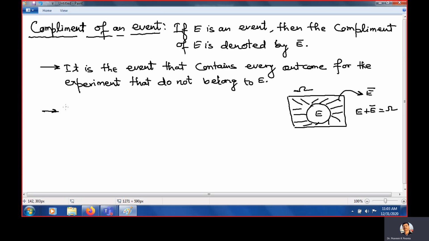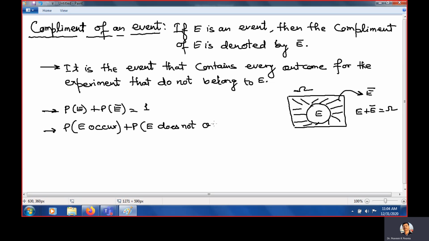One more thing I want to tell you: probability of E plus probability of E bar is always equal to 1. This thing you need to remember. Probability that E occurs plus probability that E does not occur is 1.